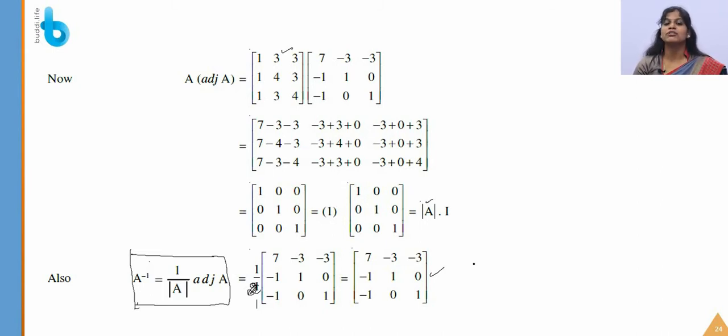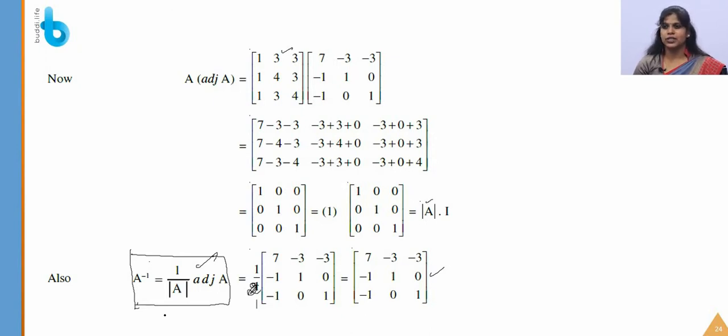So before that, if you find the given matrix is singular, you need not find the adjoint also, because A inverse does not exist in that case. So first find whether it's a singular or non-singular matrix, then go for finding the adjoint of the matrix, and then you can substitute in the formula and simplify to get the A inverse.